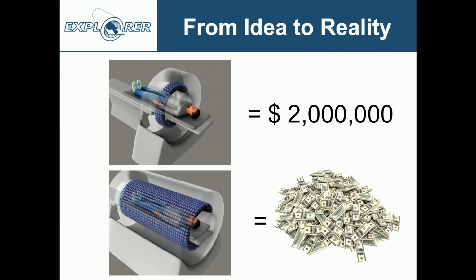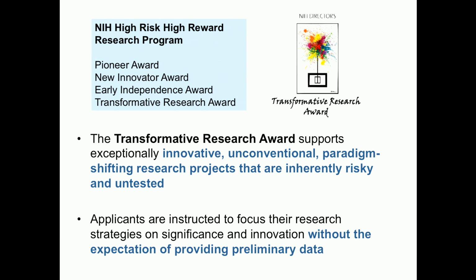So fortunately, the NIH has this program called the High Risk, High Reward program that has a number of different components to it. But the one that we focused in on was this Transformative Research Award. And it supports innovative, unconventional, we've been called that many times, risky, that's definitely us, untested, that's us, projects such as this.